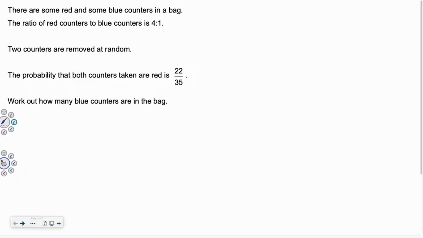So we know that we've got a ratio of red to blue counters, okay? And the ratio of red to blue is 4 to 1, and that's the simplified ratio that we can have, okay?